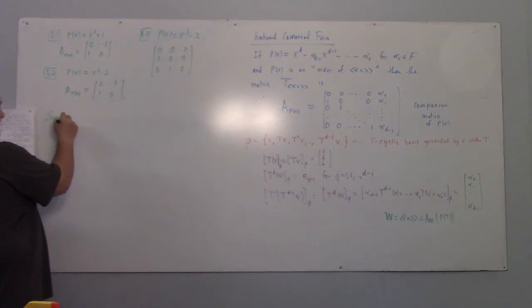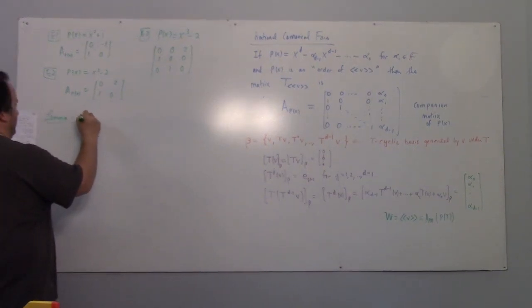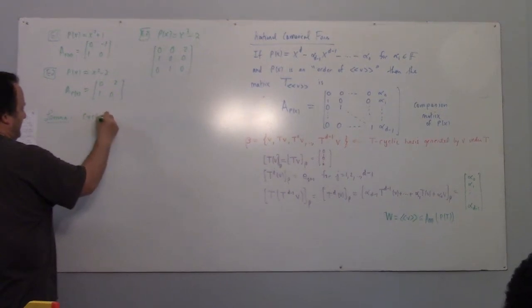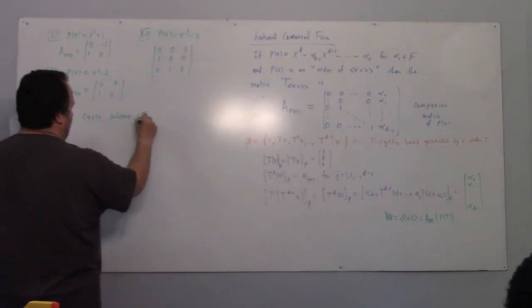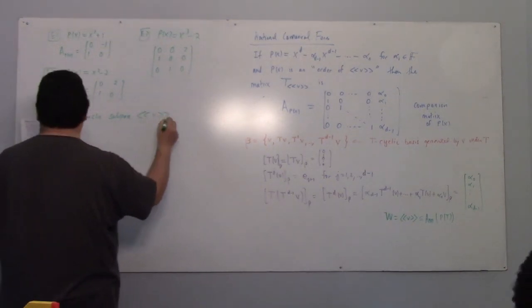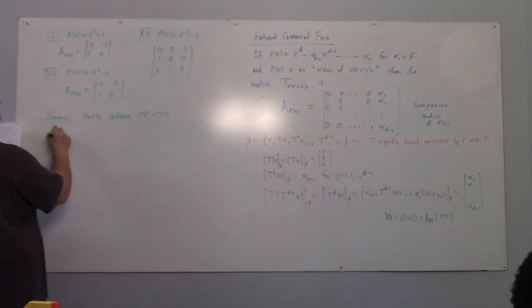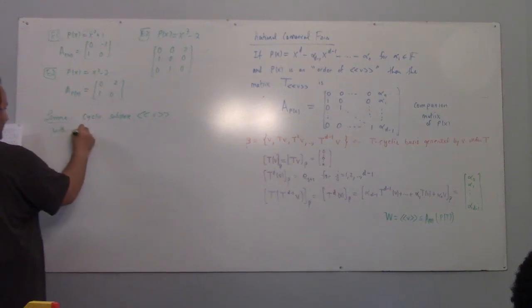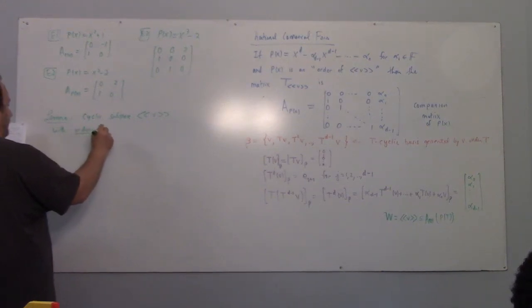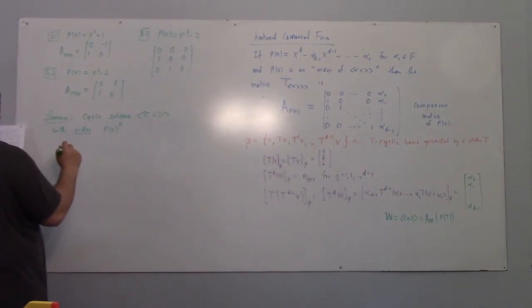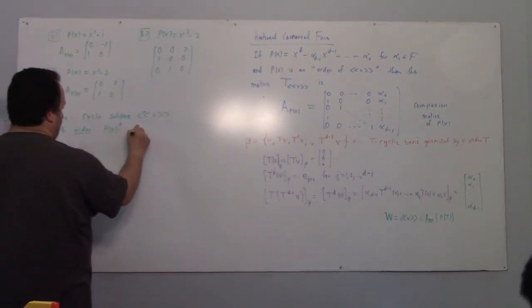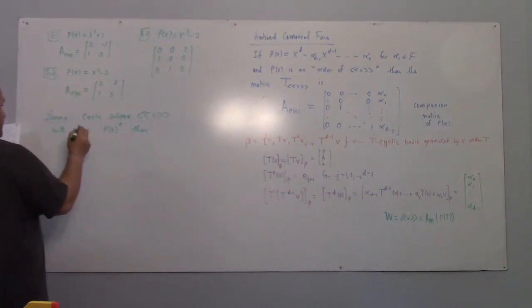I'll try to write the lemma without writing too much. If you have a cyclic subspace ⟨V⟩ with order p(x)^e, then... What's e?